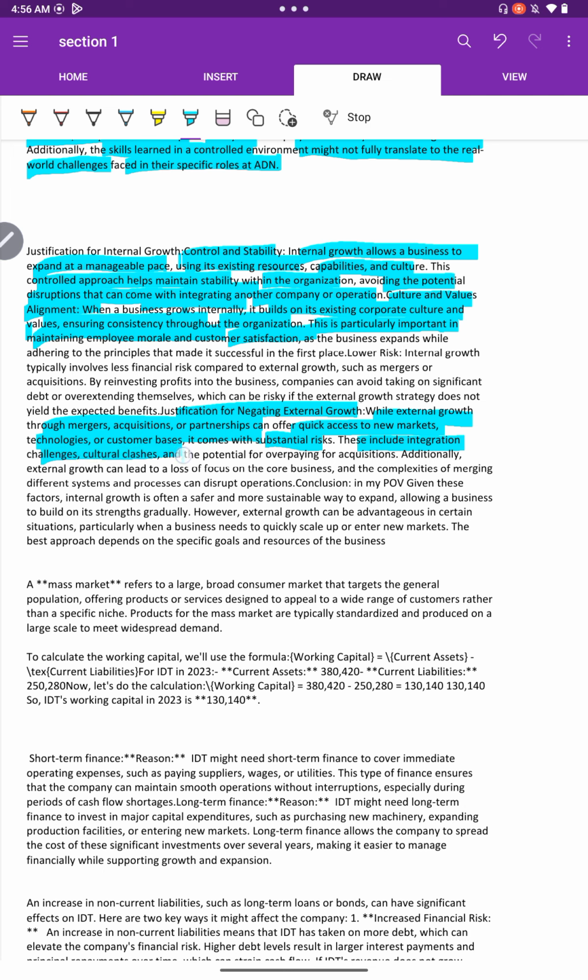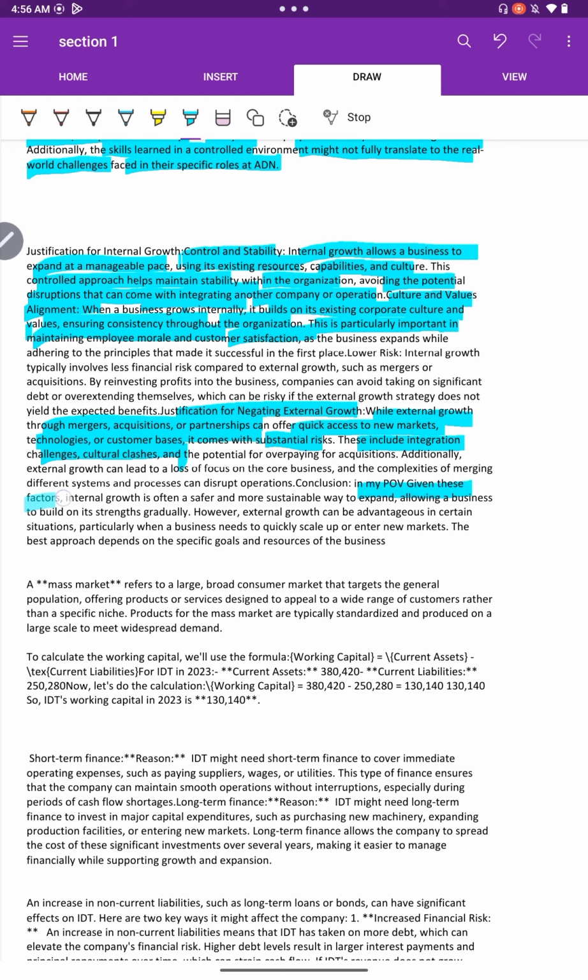So you just need to write from the start until here, and after that you have to write the conclusion. So in my point of view, given these factors, internal growth is often a safer and more sustainable way to expand, allowing a business to build its strength gradually. So you just need to write it.